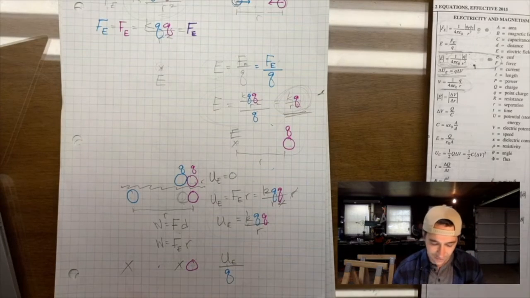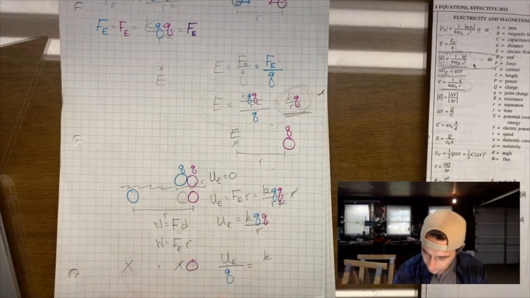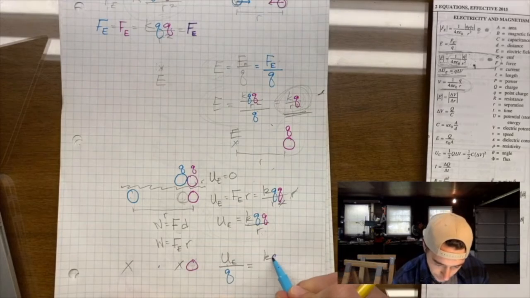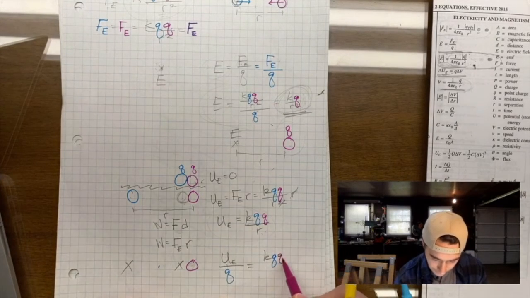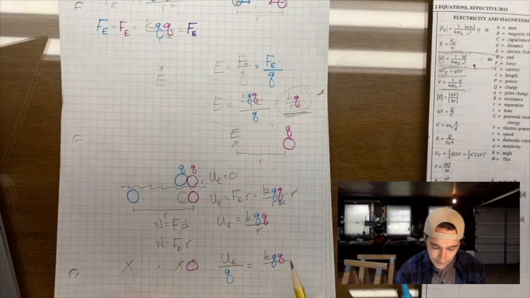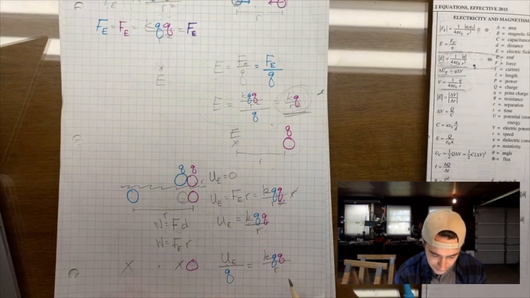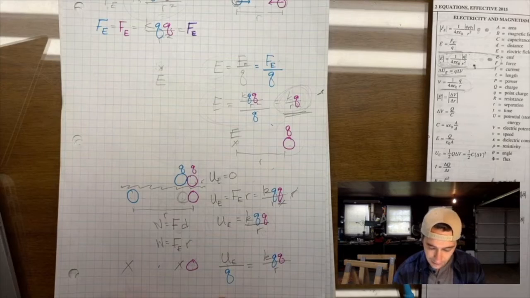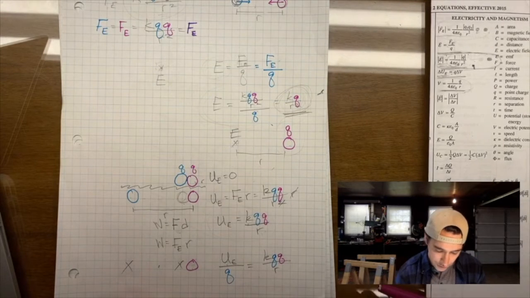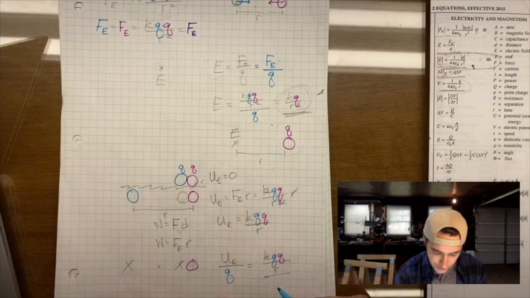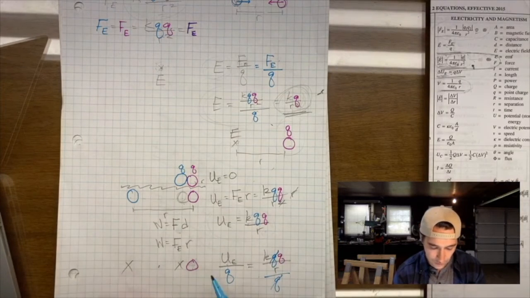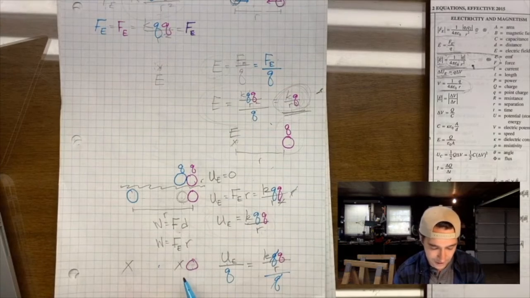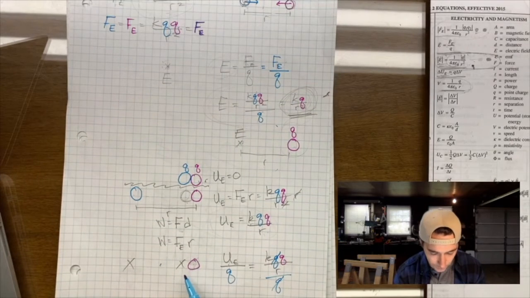So that means we have K Q1 Q2, now just over R because we lost our R when we turned this into energy. But we want to look at it per unit charge, so we don't care what the charge is of the thing we're moving. We only care about the difference caused in that potential energy based on the pink charge.